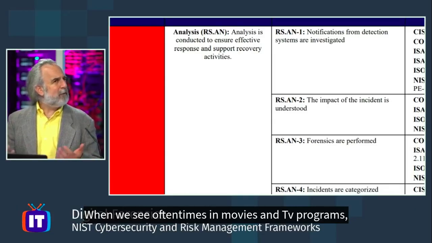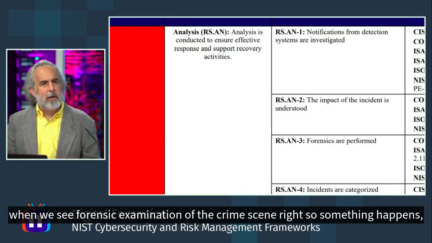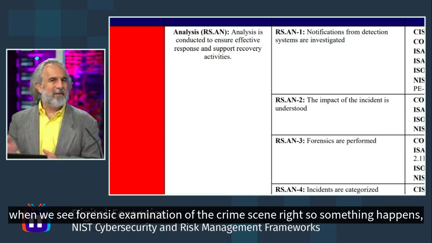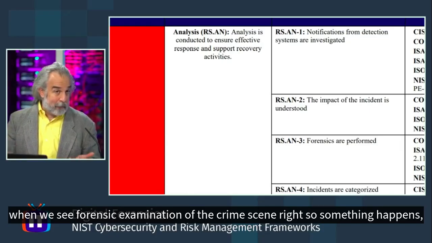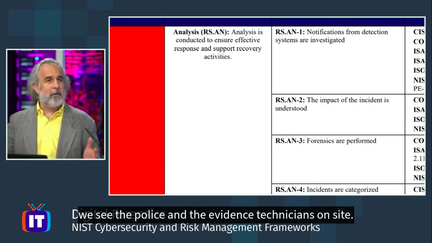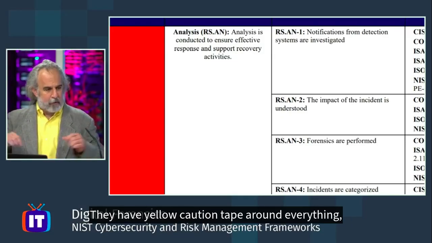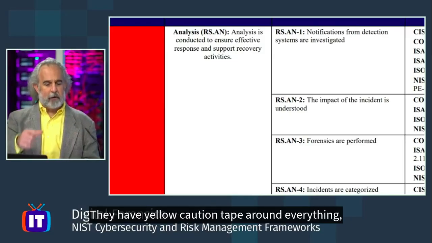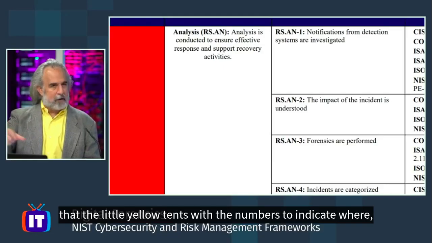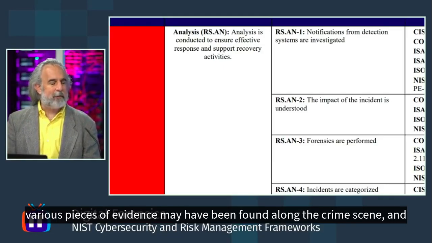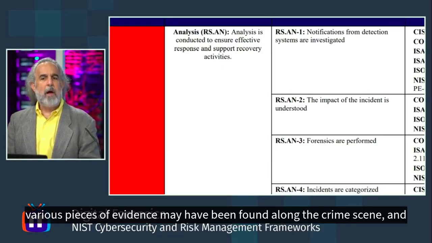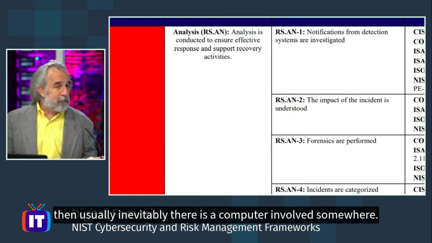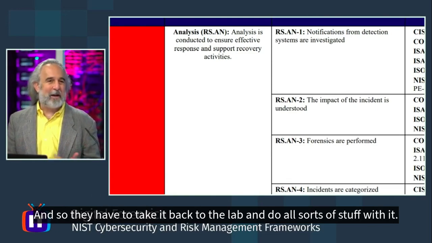In movies and TV programs, when we see forensic examination of a crime scene, something happens, and we see the police and evidence technicians on site. They have yellow caution tape around everything, and little yellow tents with numbers to indicate where pieces of evidence were found. Usually, inevitably, there is a computer involved somewhere, and they take it back to the lab.